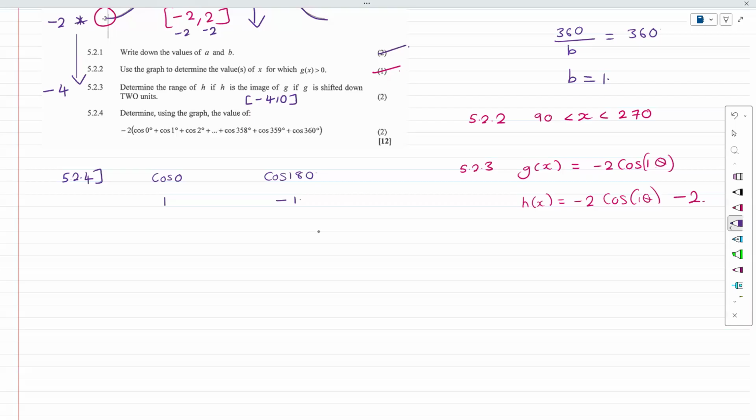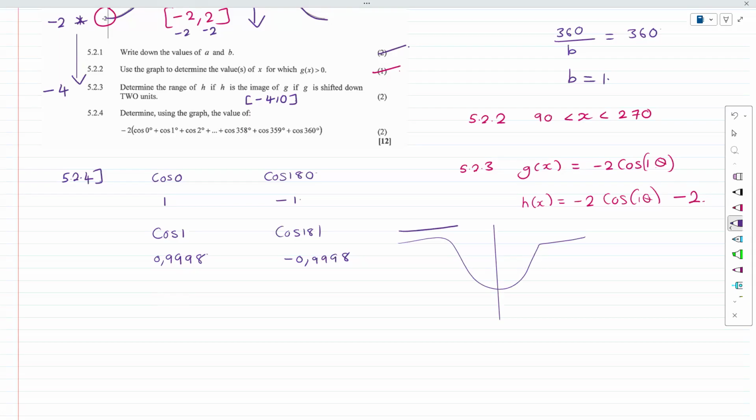And then it continues, because cos of 1, I mean, we're not supposed to really use a calculator, but cos at 1 is positive, if I'm not mistaken. Just as an example, 0.9998. And then cos at 181 is negative 0.9998. So there's a counterpart.